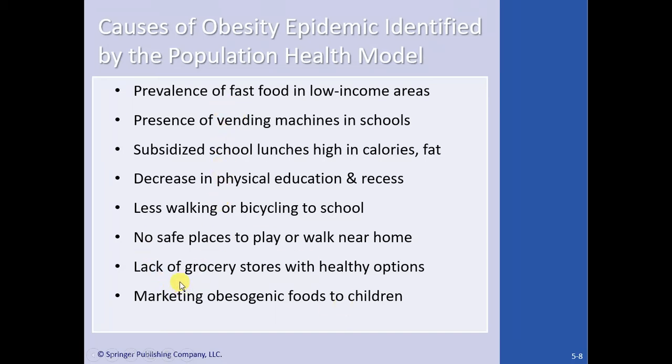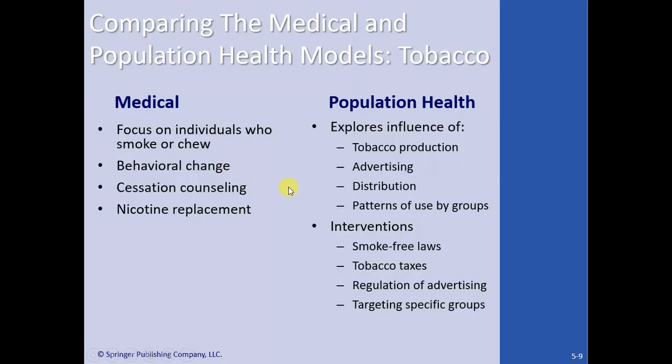Lack of grocery stores, lack of places to safely be physically active, not enough time to run in school. This is what the population health model examines and then addresses. Same thing for tobacco. Your text gives a very good idea of what typically happens in the doctor's office, but how do we look at this from a bigger level and then intervene?